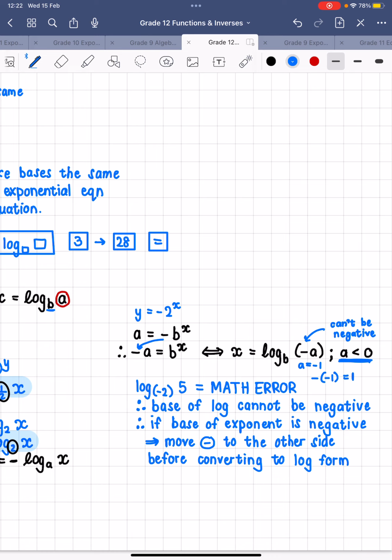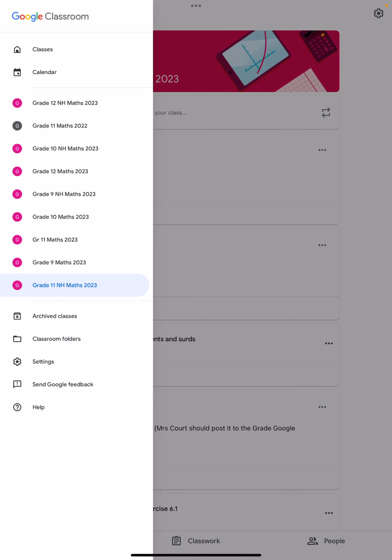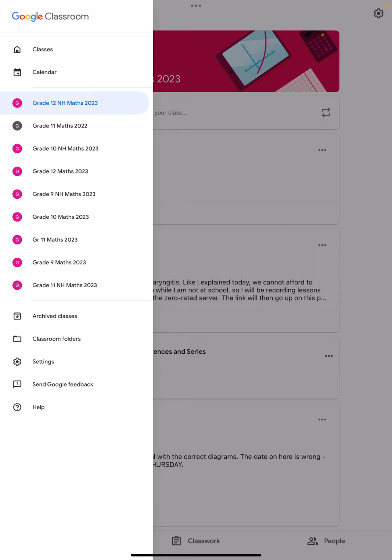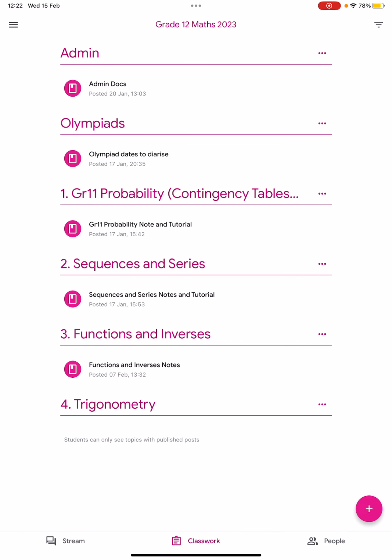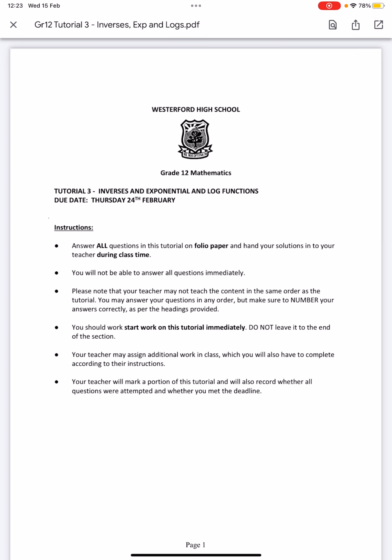Okay, I quickly want to go across to the TUT to see what you guys can do now. So if we look at grade 12, sorry, that's actually the wrong page. I want to go to the main one, grade 12 maths. If we go to classwork, and then we are on functions and inverses, and we go to tutorial 3.